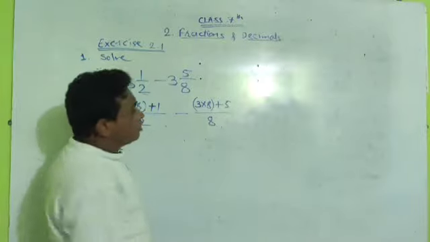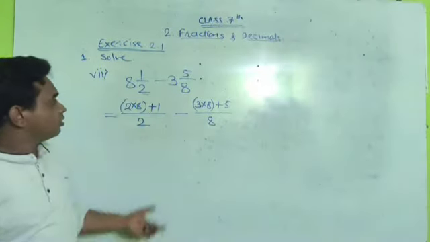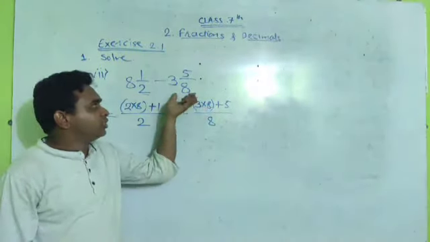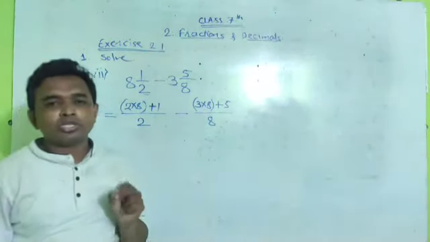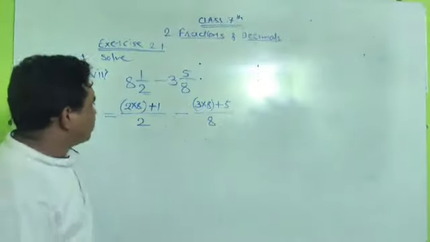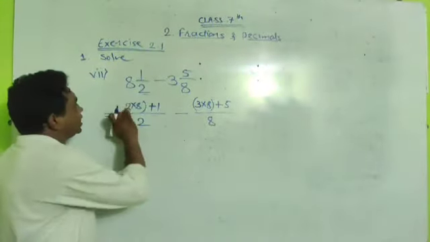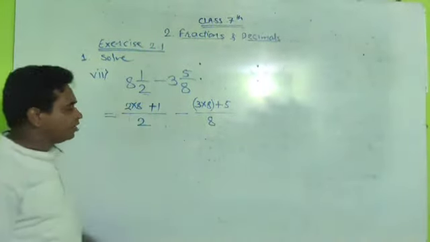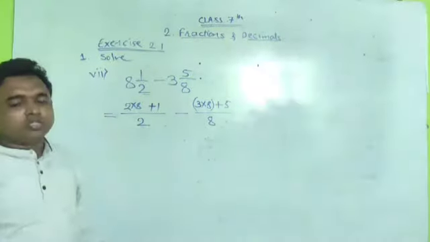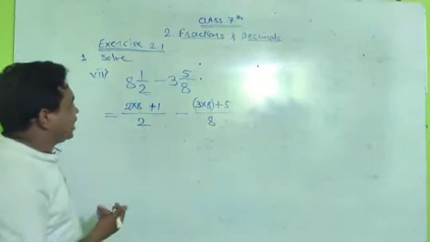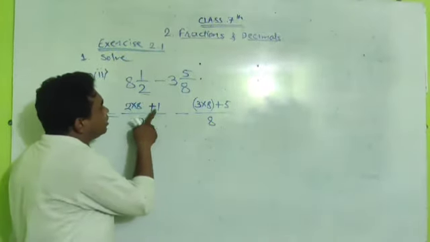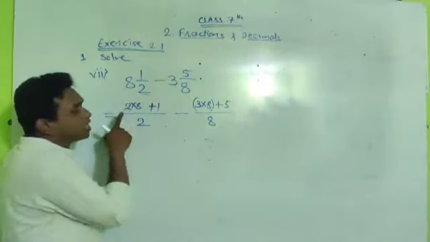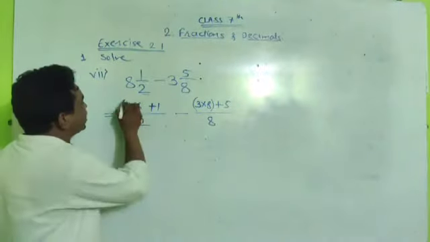divided by 8. When you multiply the denominator and this whole number, don't forget to give the bracket. Otherwise what happens if you forget this bracket? You just write it like that: 2 into 8 plus 1. Some students make a mistake: they keep this 2 away and just add 8 plus 1, 9, and 9 into 2 is 18, but actually it is not 18.